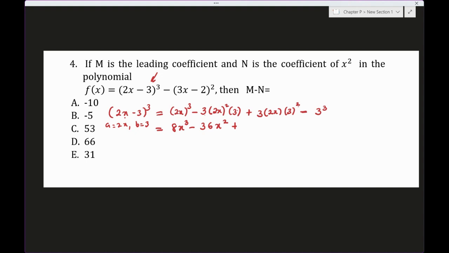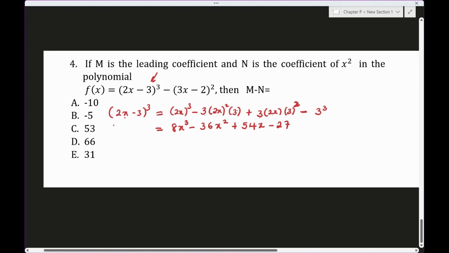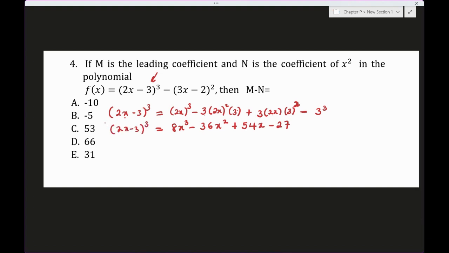Then plus, here it is 3 squared, which is 9, so we have 9 times 3, which is 27, times 2. This is 54x. Then minus 3 cubed, which is 27. So this expression is for 2x minus 3 all to power 3. So let's keep this first.